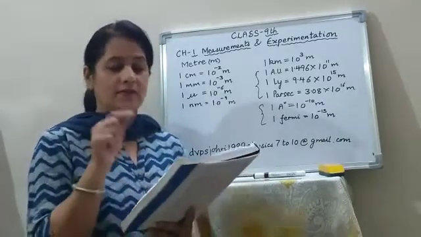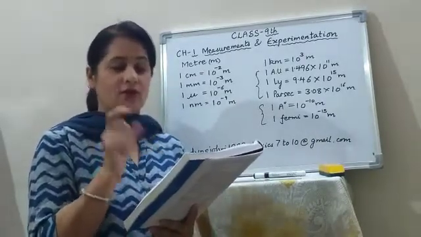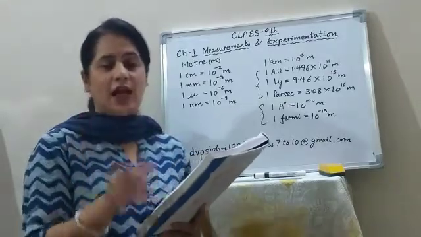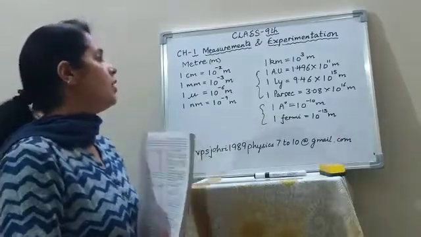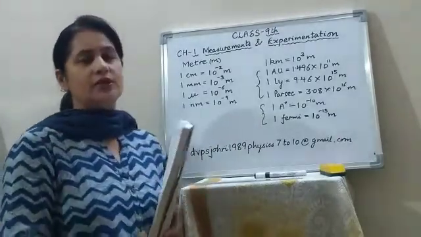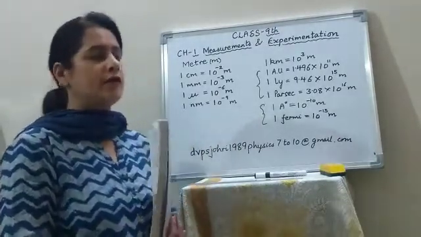So in this time interval, in this much of a second, the distance travelled by light was taken as 1 meter. Now there are many subunits and multiple units of meter.